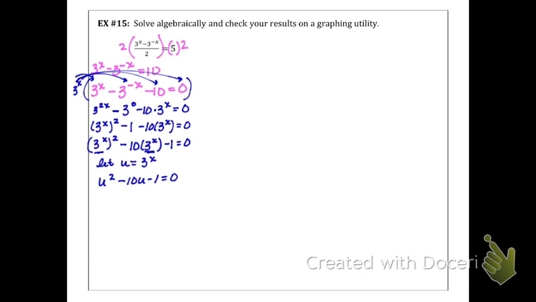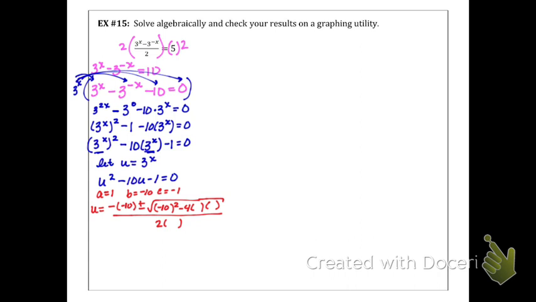So I'm going to switch over to the quadratic formula. So now my a is 1, my b is negative 10, and my c is negative 1. So u equals negative b plus or minus the square root of b squared minus 4ac, all over 2a.